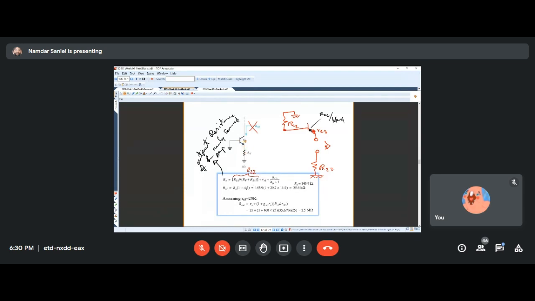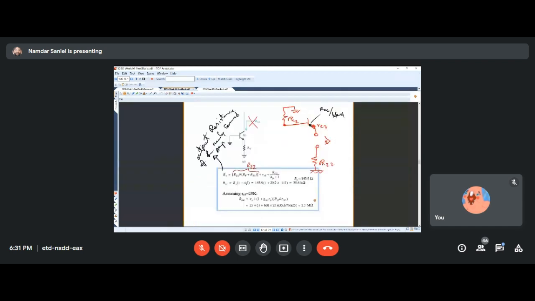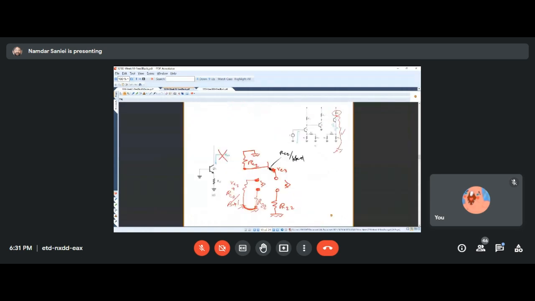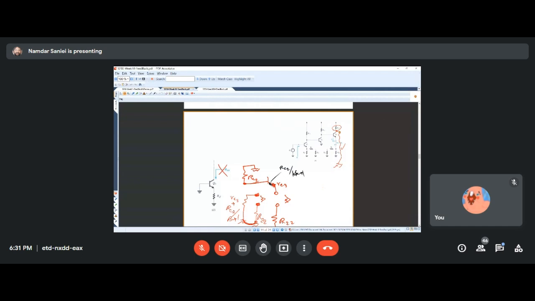From our experience before in current sources, we had the relationship that we needed for finding the resistance that we view into the collector of a transistor whose emitter is in series with an external resistance. Okay? And we followed that, we got a huge resistance. But the point was that we really didn't need to find this resistance, because this huge resistance is from the collector of this Q3 all the way down to the ground, and it's huge.